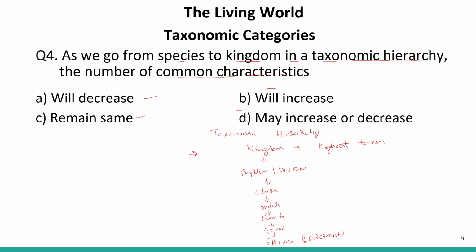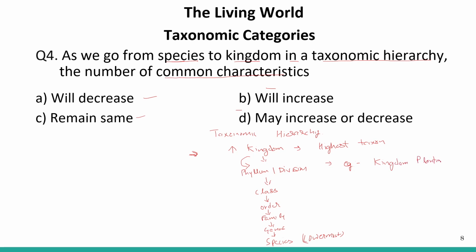Alright, so what happens? In the question they are asking, as we go from species to kingdom, what will happen? Now kingdom includes a lot of phyla. If we take the example of kingdom Plantae, or kingdom Animalia, whatever, let's take kingdom Plantae.